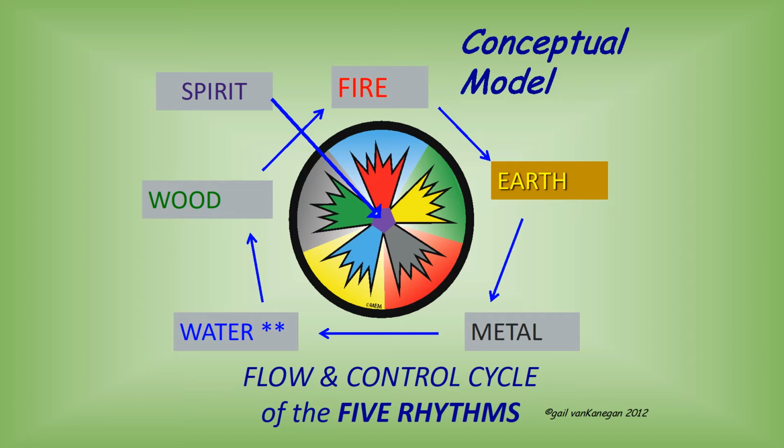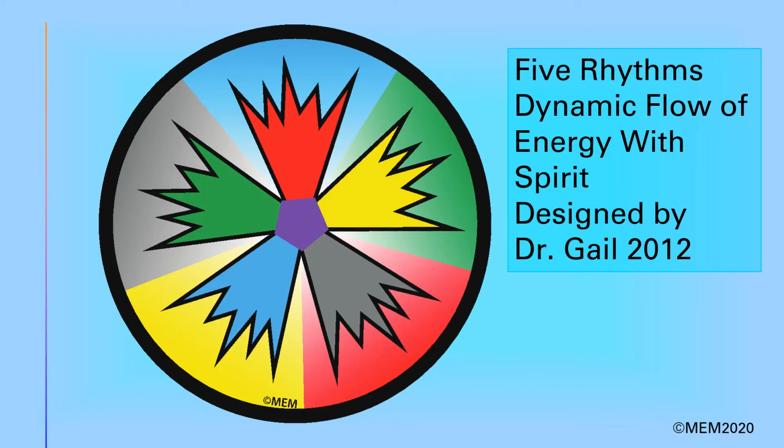But I put it in the center with the purple as the highest value of the chakras. And I created this when I was doing my doctoral work, and my whole doctoral work was based on the 5 rhythms and how we can be less inclined to chronic health issues based on the 5 rhythms. So that's how this came about. But also, you see, there's no circles here anymore, okay?